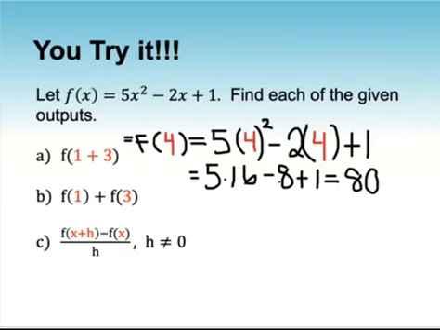And then we have minus 8 plus 1 is minus 7. So our output here is 73. So notice here that our input was the number 4 and our output was the number 73. And you remember from the last example, I mentioned that if you input a number, your output's going to be a number. If you input an expression, your output's going to be an expression.